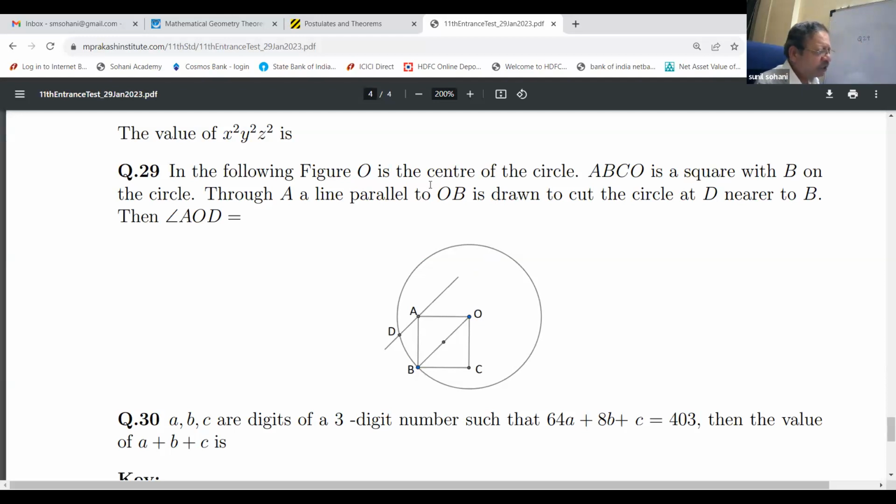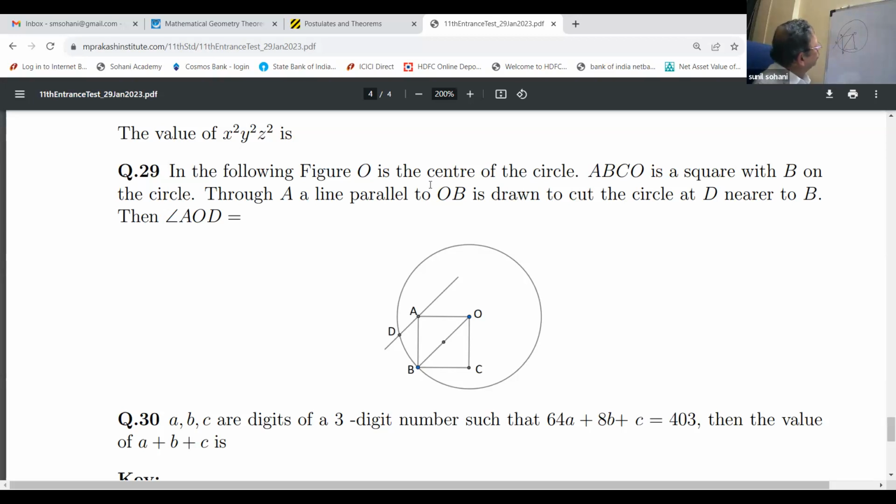So let me draw the question figure. Meanwhile, you can think on the question. O is the center of the circle.